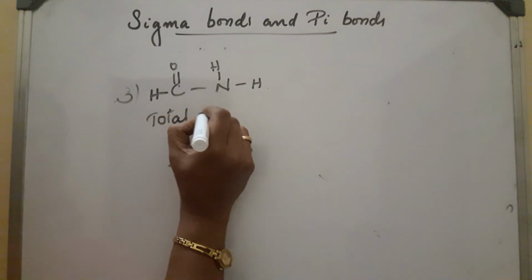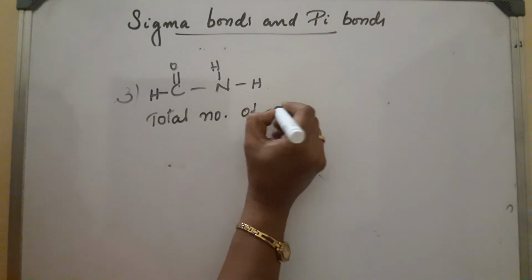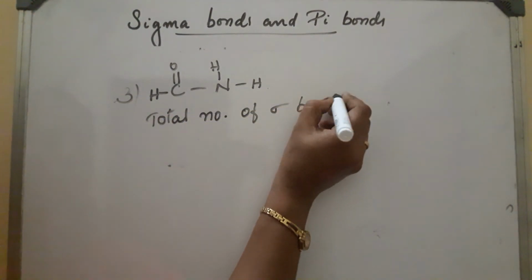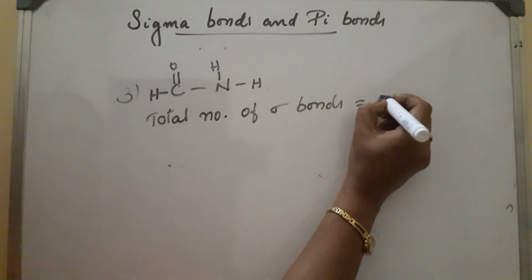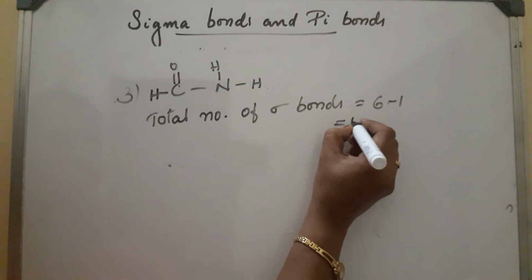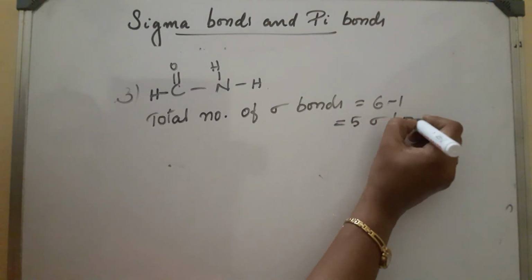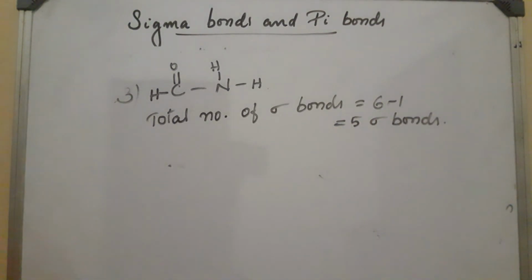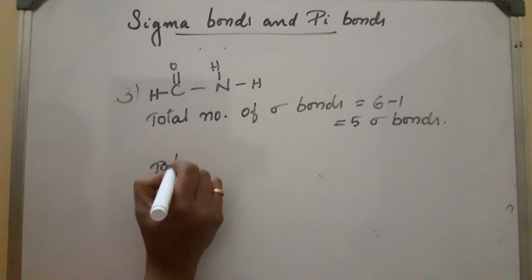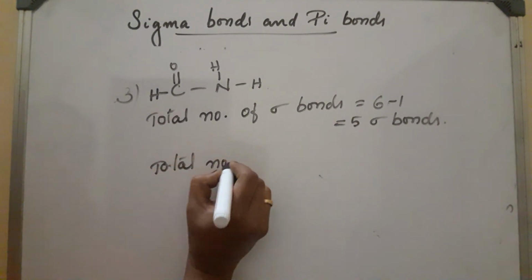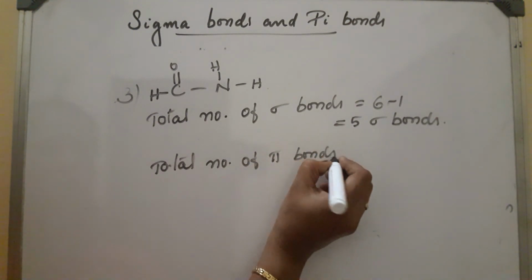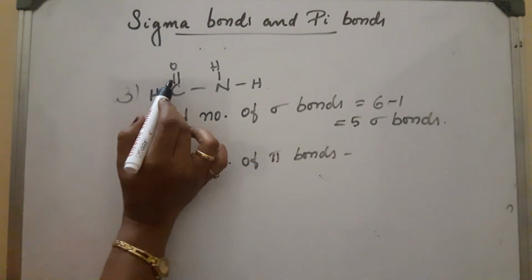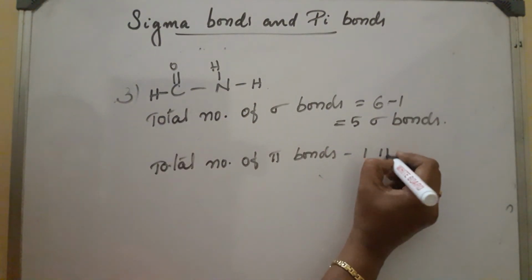Total number of sigma bonds will be equal to 1, 2, 3, 4, 5, 6. 6 minus 1, that is equal to 5 sigma bonds. Okay. Now, total number of pi bonds. How many pi bonds are there? It's only 1 pi bond. Okay.